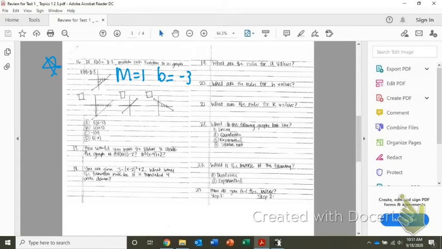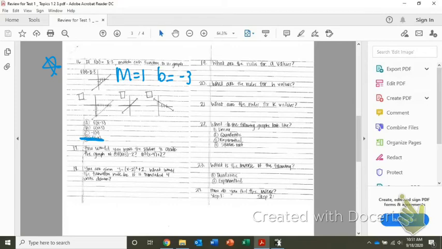Think about what I said yesterday. Have we even looked at horizontal reflections, horizontal dilations, or anything? No. So you can go ahead and mark out D, because we hadn't even talked about it yet.